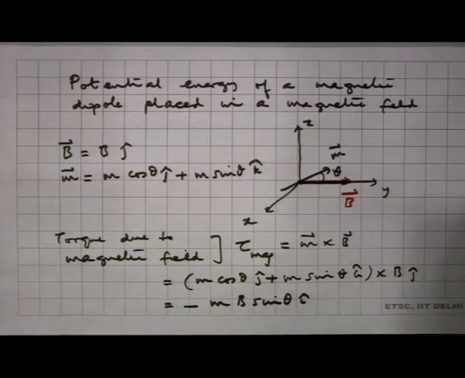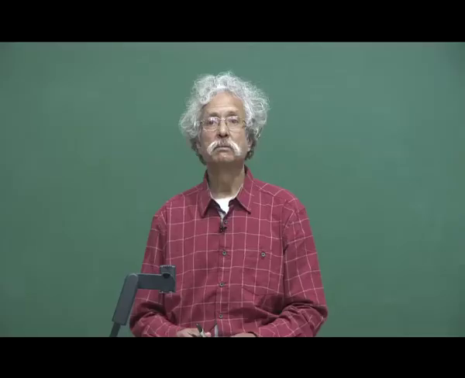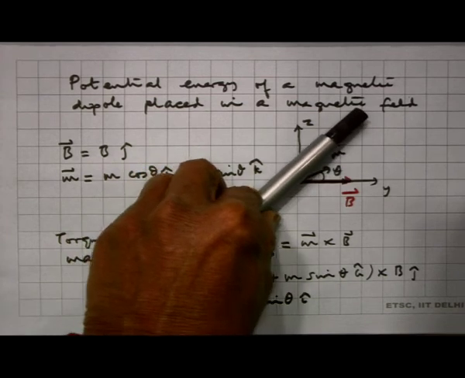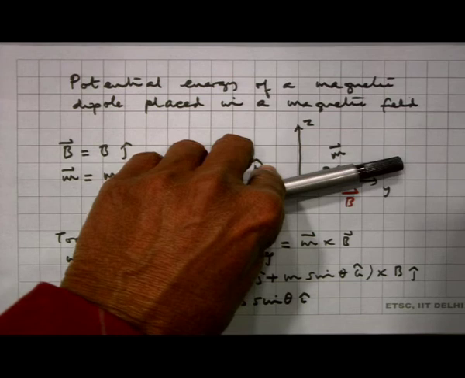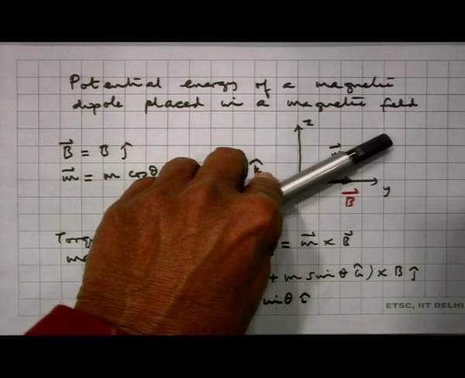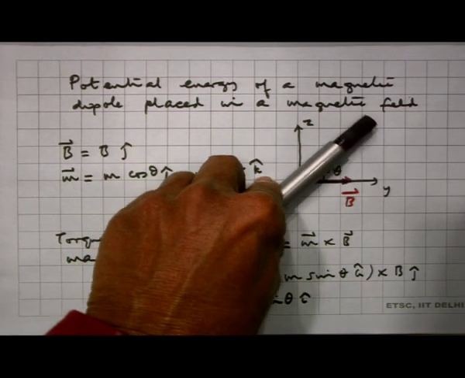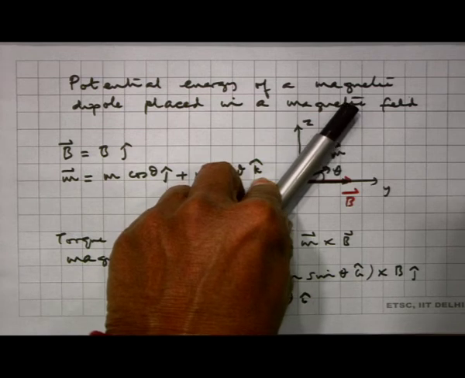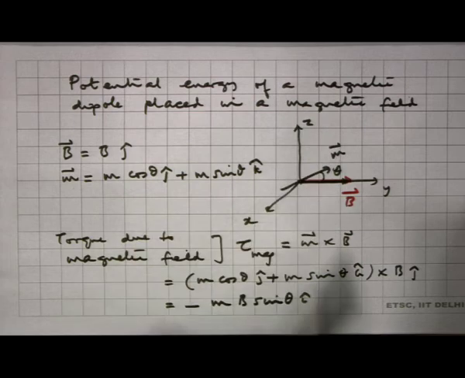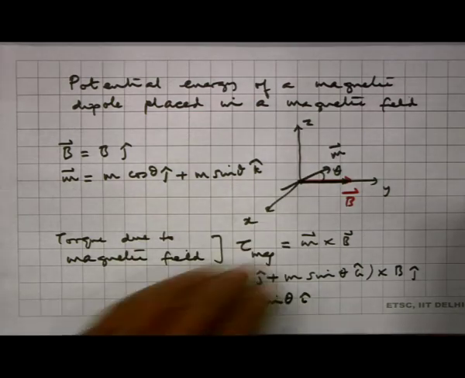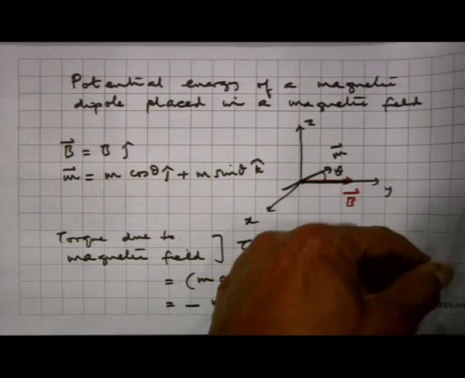Now, if I have to change the orientation of the dipole, if I have to rotate it to some other orientation, I need to do work, because the magnetic torque is trying to push it towards the field direction. If I need to rotate the magnetic dipole along some other direction, I need to do work on the magnetic dipole to change its orientation, and that work which I do gets stored in the form of potential energy in the dipole, and that is what I want to calculate.